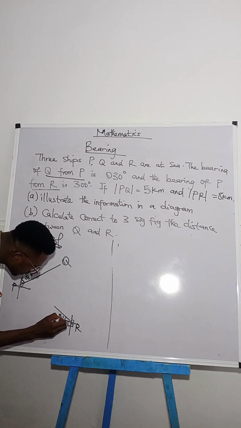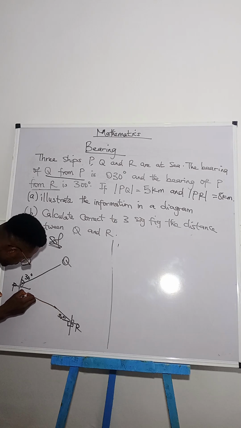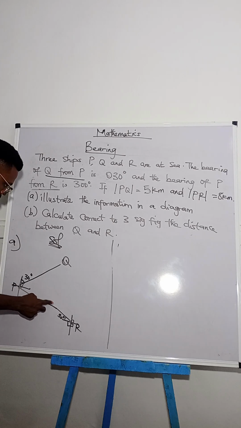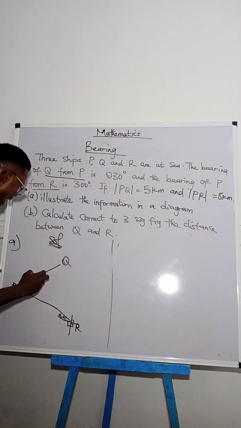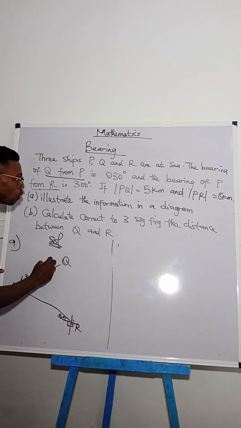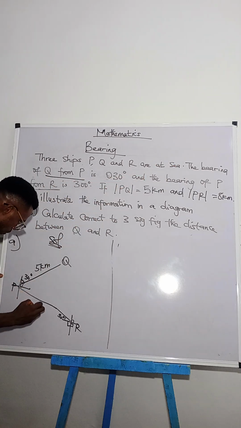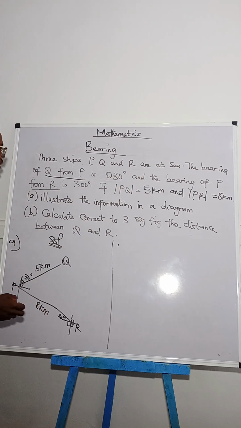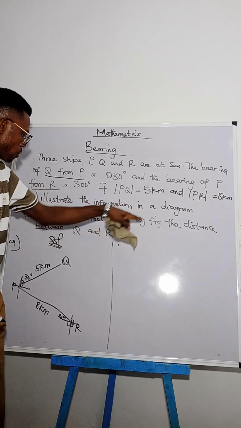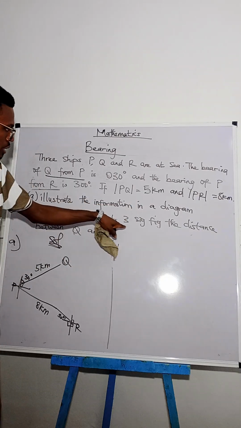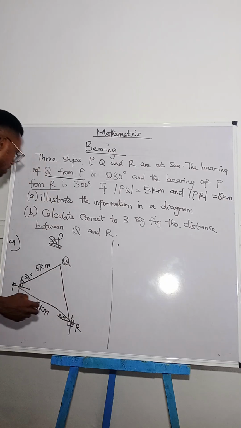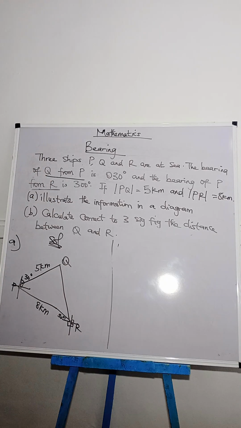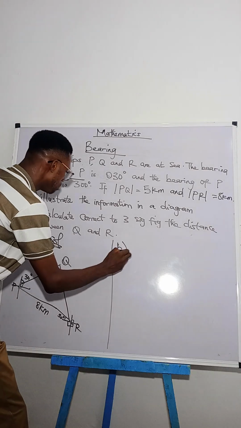I'll connect it to my point P. Now, PQ is 5, we are told. PR is 8, we are told. They said illustrate the information in the diagram. So this becomes the diagram, question A.